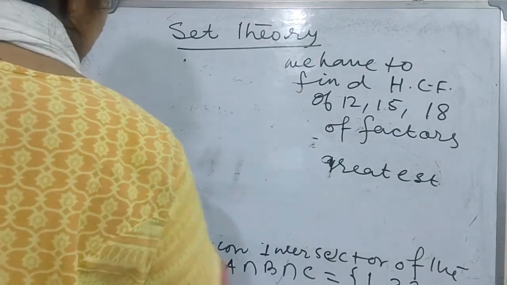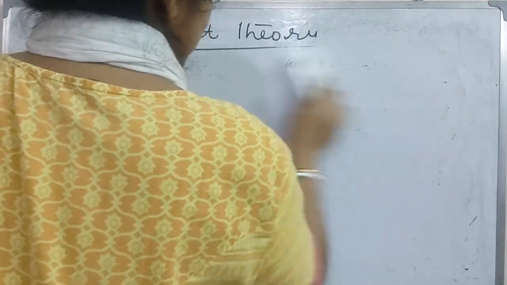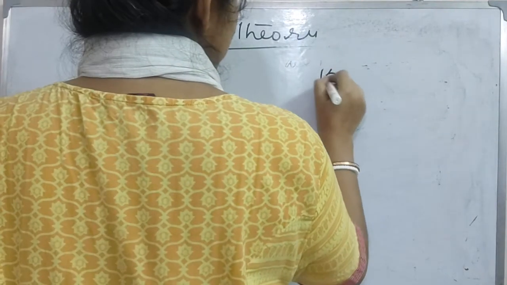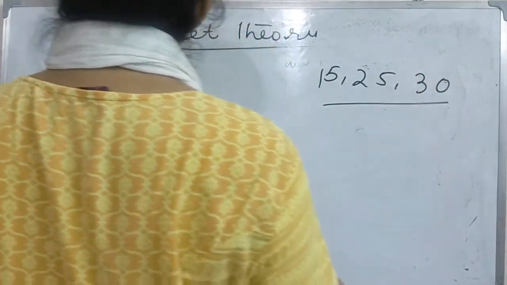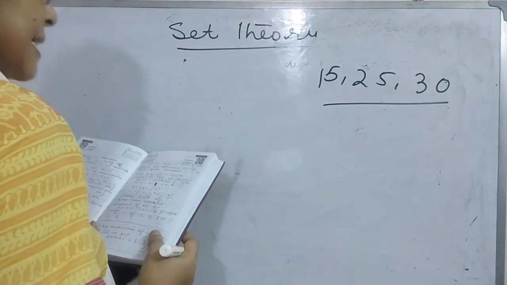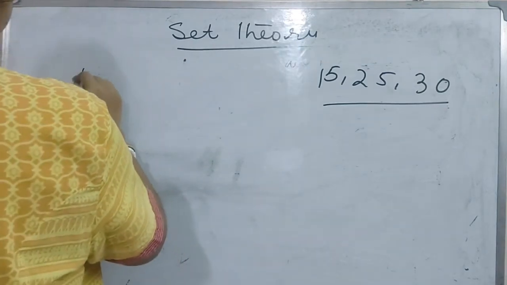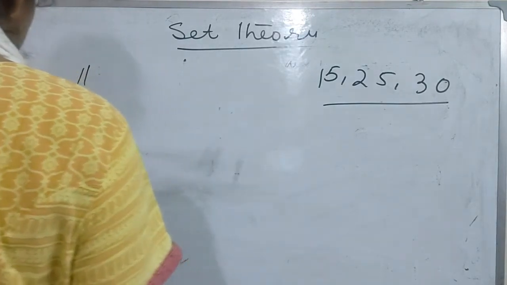This sum is related to LCM. We have to find the LCM of 15, 25 and 30 applying set operations. So by a similar process, this is a short answer type question.